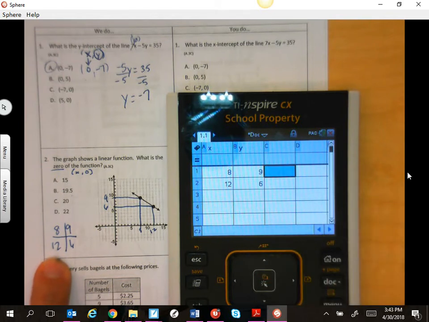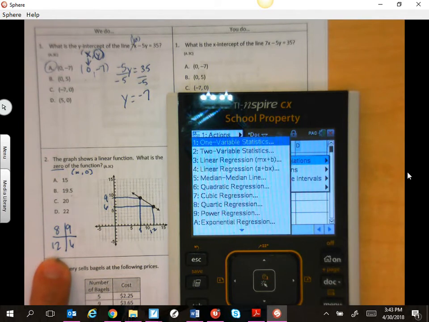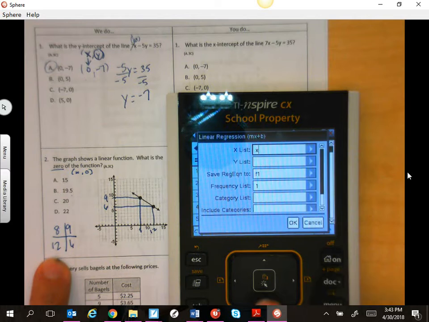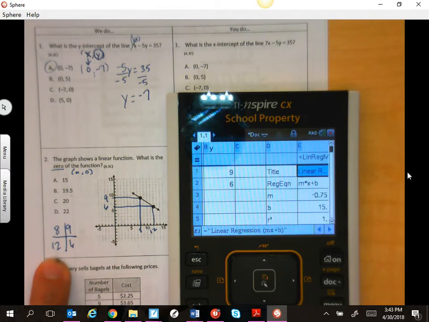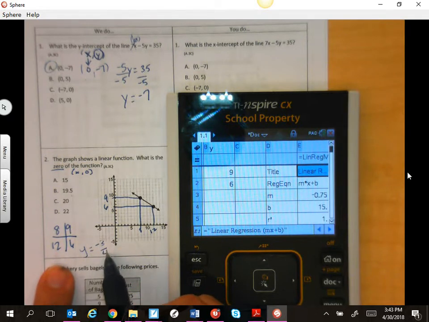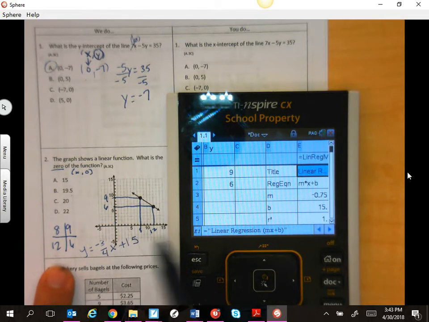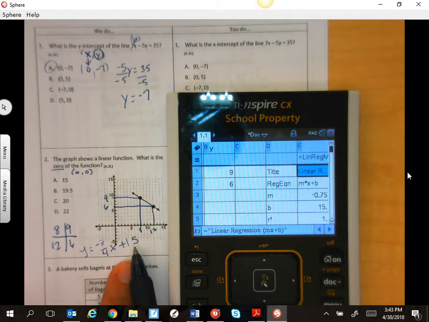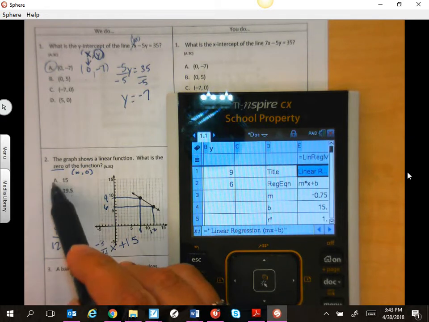This is linear, so we're going to say menu 4, 1, 3 is linear. X, Y, enter, enter. And here is my equation. Now, we can write down that equation. That's great. Y equals negative 3 fourths x plus 15. But that's not really going to help us, because this is a y-intercept, so we know it's not that one.